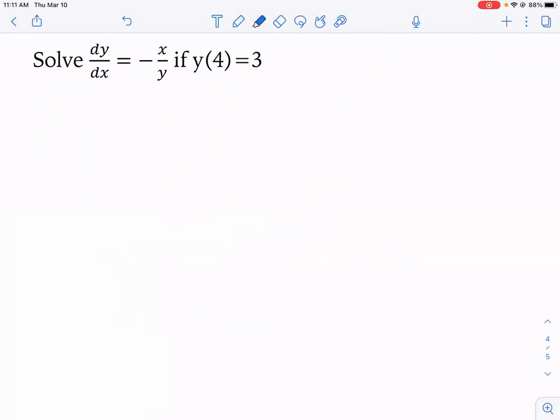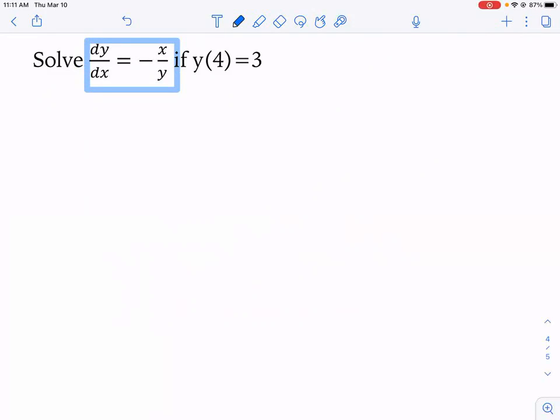Okay, so first, we're going to start with just this right here. If I were to get y's with dy and x with dx, hey, we can cross multiply this time, can't we? Now, the negative only stays with one of the variables.